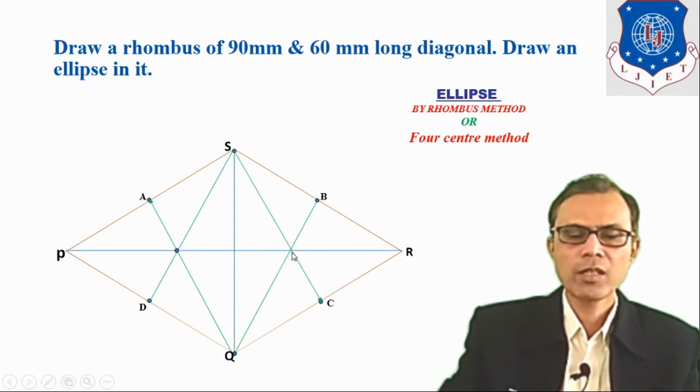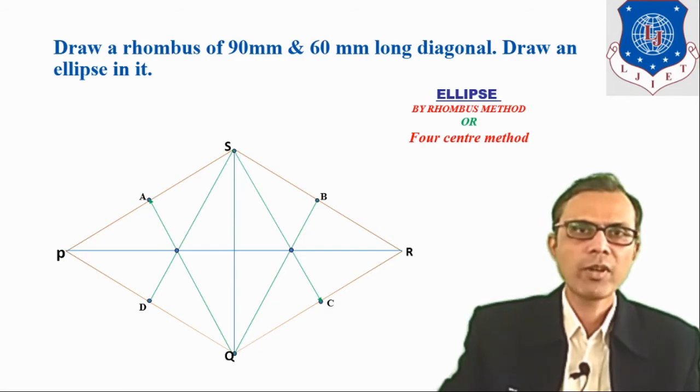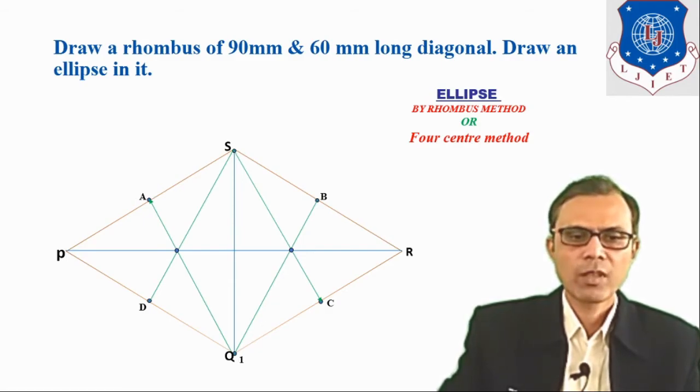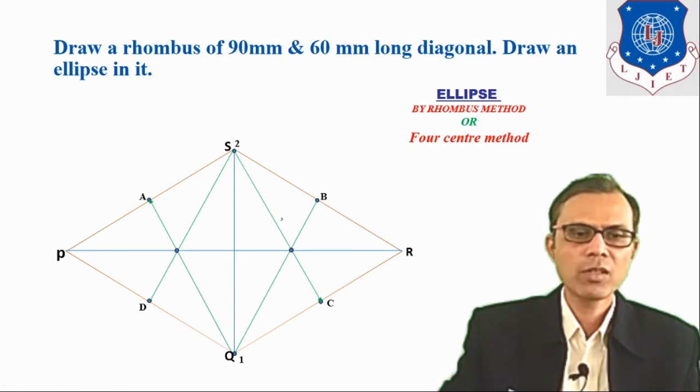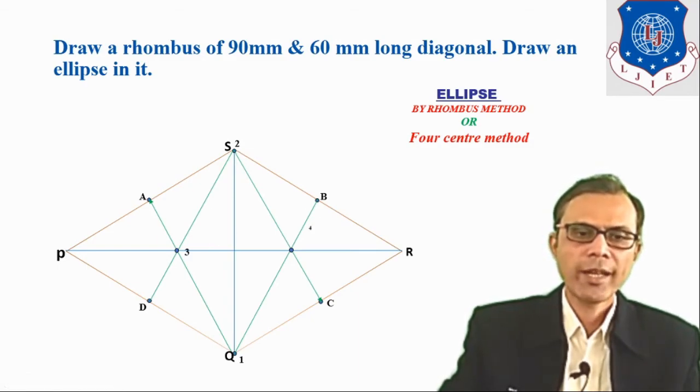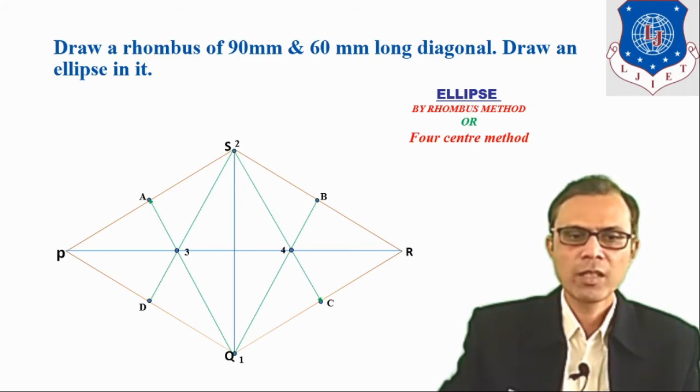So these intersecting points are actually another two centers required to draw the ellipse. Here all the centers are marked as 1, so it is center point number 1, then 2, so 1 and 2 are the two points of the shorter diagonal, then 3 and 4 are the intersecting points which are obtained here.